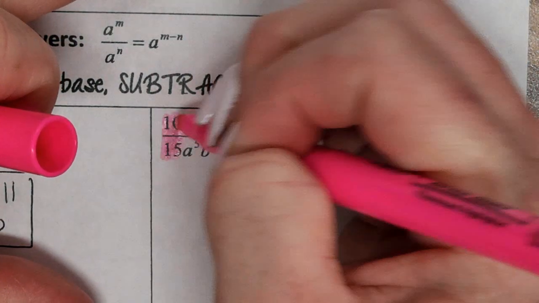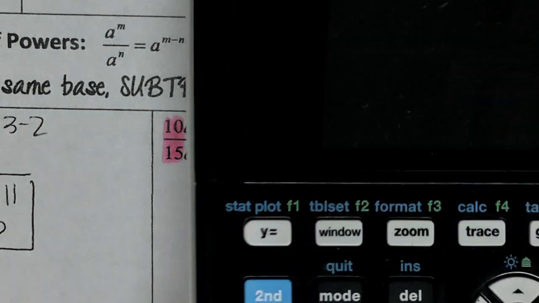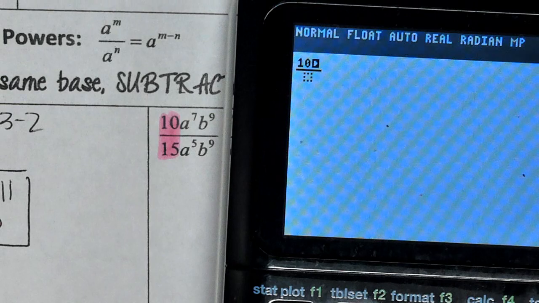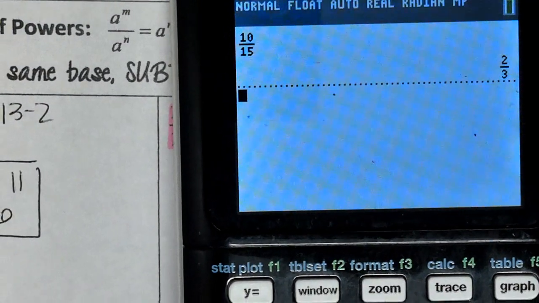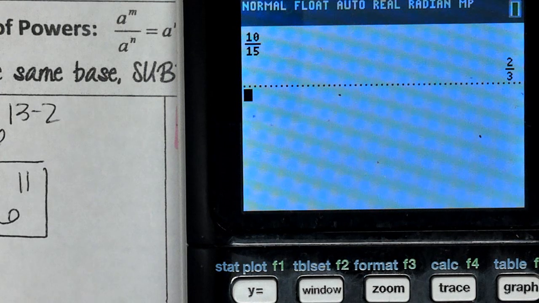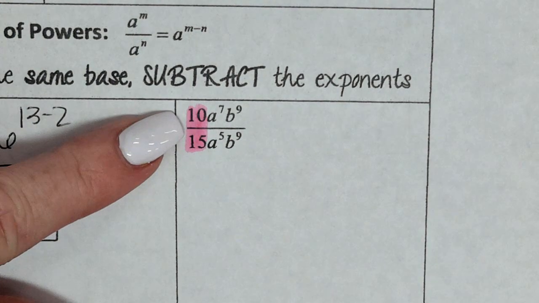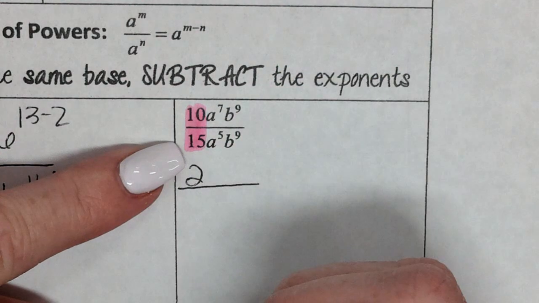This is a division problem that can simply be simplified. Now, a lot of you are struggling simplifying. Just use your calculator. All you've got to do is go to alpha y equals and put in 10 over 15, and it will simplify that fraction for you if it can be simplified. Okay, for those of us who don't need our calculator, we're simply dividing the top and bottom both by 5. Very good. So the top is going to become 2, the bottom is going to become 3.